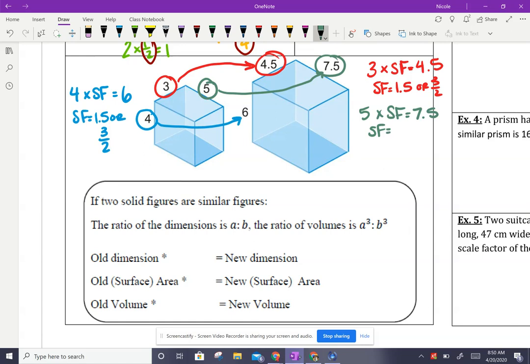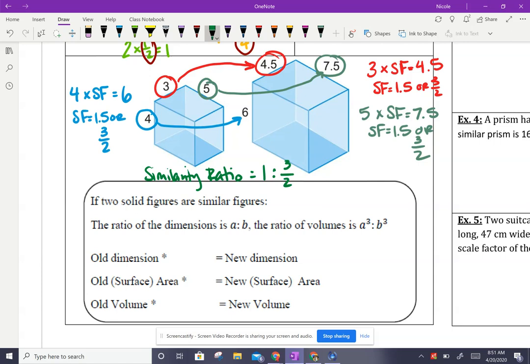So since all three of these have the same scale factor, we can say that they are similar. And so their similarity ratio would be 1 to 3 over 2, or 1 to 1.5. You might have ratios that are 1 to 6 or 1 to 2. It just depends what your scale factor, what you're multiplying by, is. And so that is how we find that.